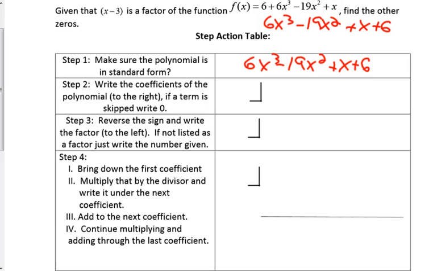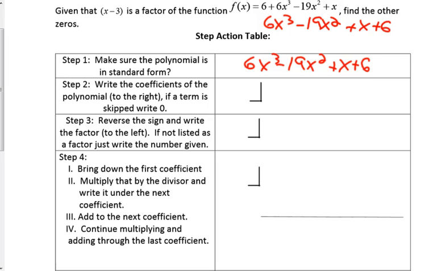All I did was write it in standard form. Also notice that when we wrote it in standard form, it is in descending order and you're not missing any exponents. 3, 2, 1, no exponents. Does everybody see that? I'm not missing an exponent.